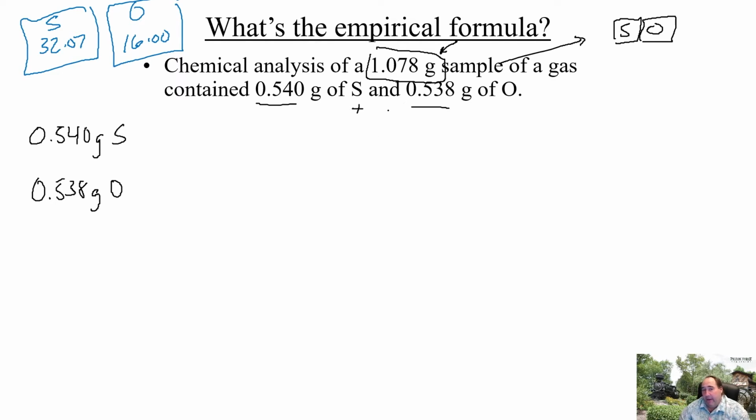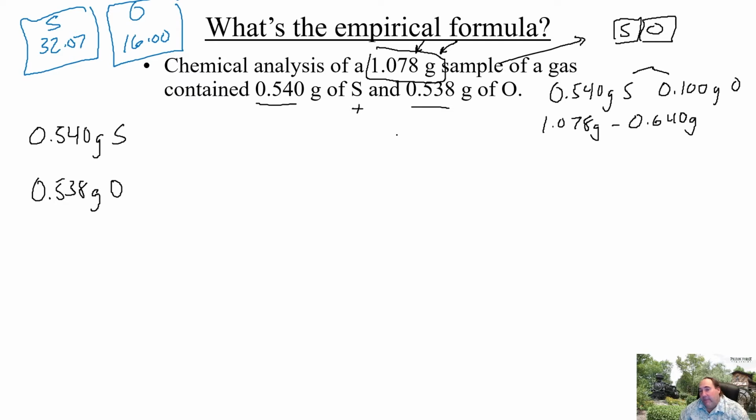Now, let's just say, for example, obviously this wouldn't be the case here, but let's say we had 0.540 grams of sulfur and only, say, 0.1 grams of oxygen. When I add these two together, I get 0.640 grams of the compound. That clearly doesn't equal our total mass, which means there has to be another element present. I can find the mass of that other element by subtracting. In my made-up example, again, nothing to do with this problem, if I subtract, that would give me the mass of our unknown element.